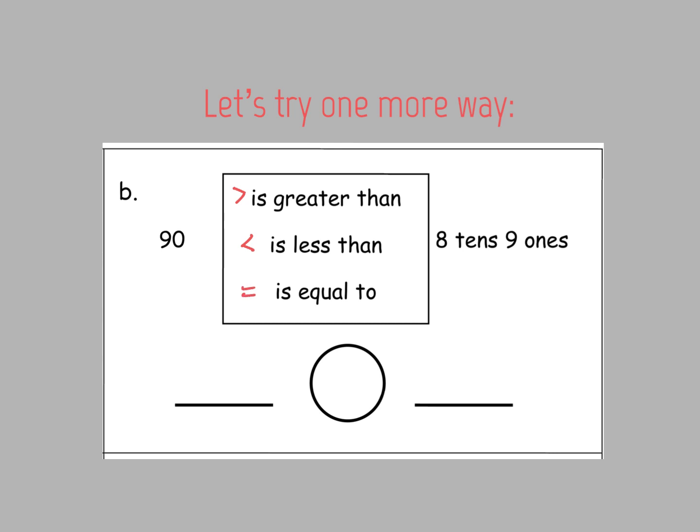And we have the numbers 90, so we can write that down on the line right here, 90, and then 8 tens and 9 ones, which is 89. So now that we have 90 and 89, what's our symbol that we use? Is 90 greater than 8 tens and 9 ones, less than 8 tens and 9 ones, or is it equal to 8 tens and 9 ones?